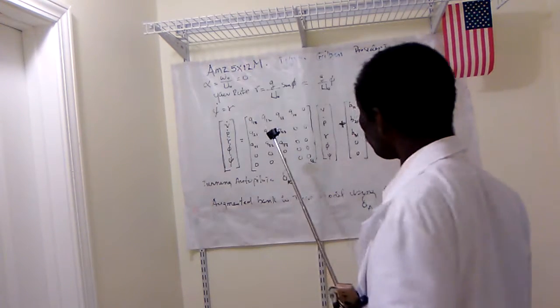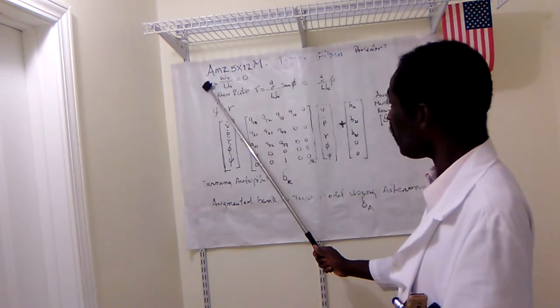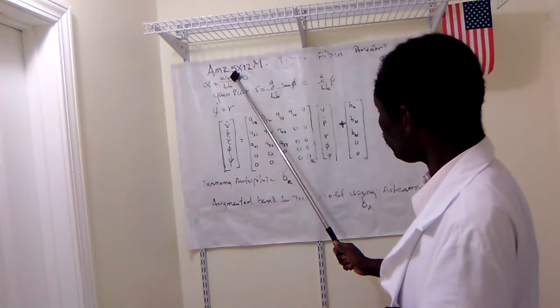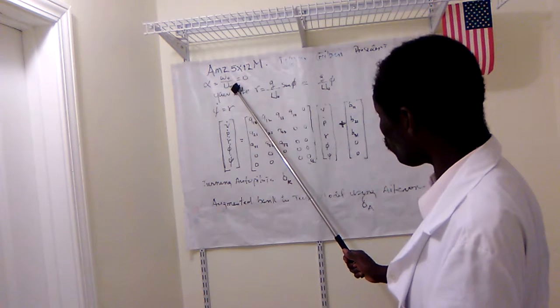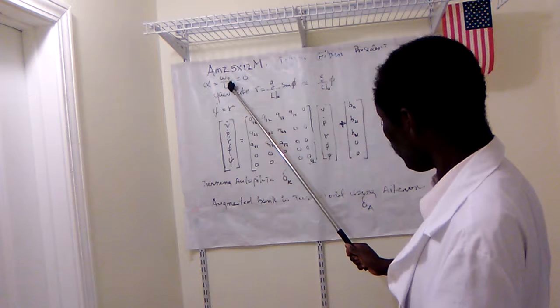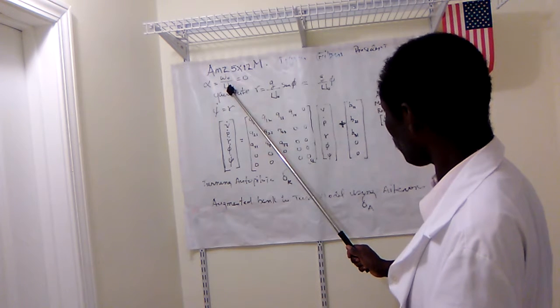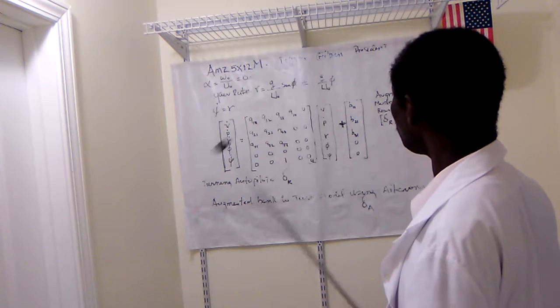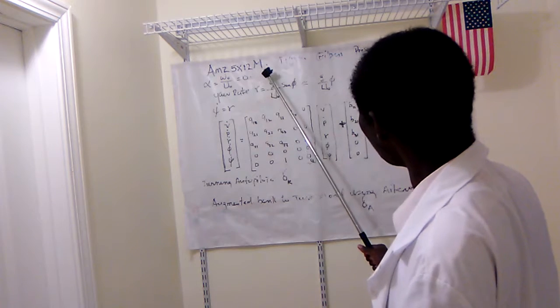And what we have here, we're starting off with alpha, the angle of attack, equal to W0 over U0, where W was the vertical velocity and U was the longitudinal velocity, which is now equal to 0, and this is for trimming the aircraft.